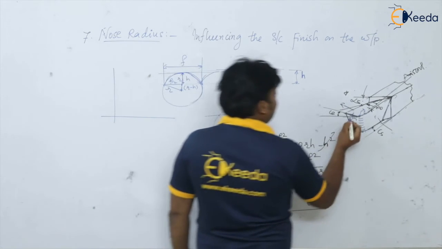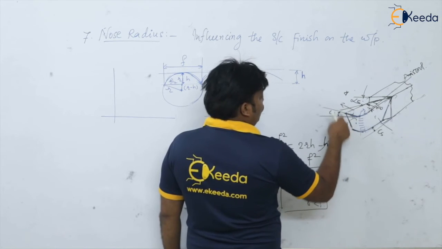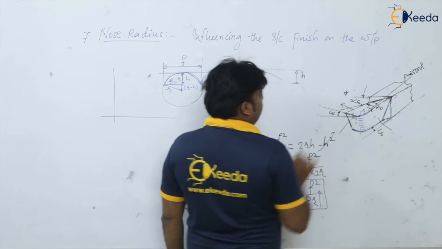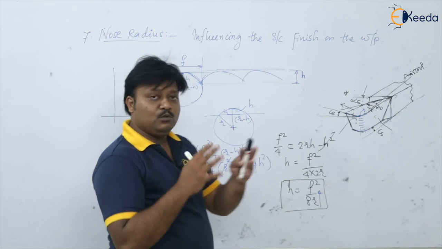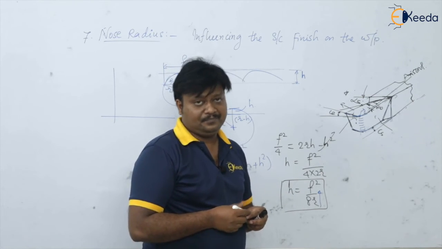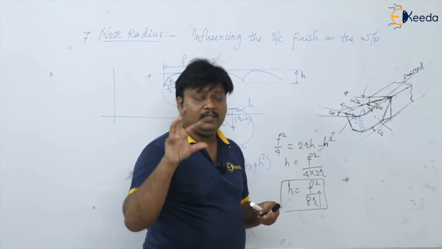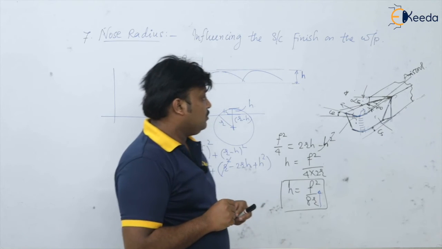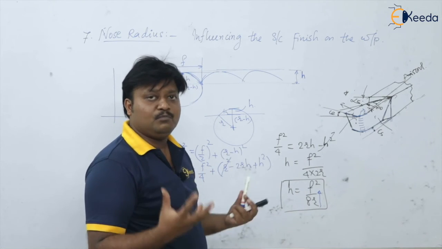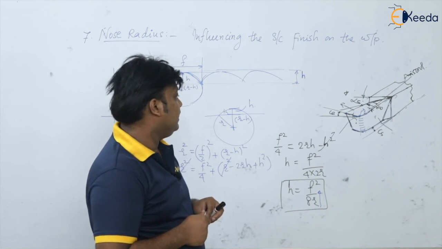As you go on increasing the nose radius, the point contact is converted into line contact between the tool and workpiece, and because of that the forces increase when we increase the nose radius above the required optimum range. Because of that, vibrations and chatter increase, and this is of no use in machining.